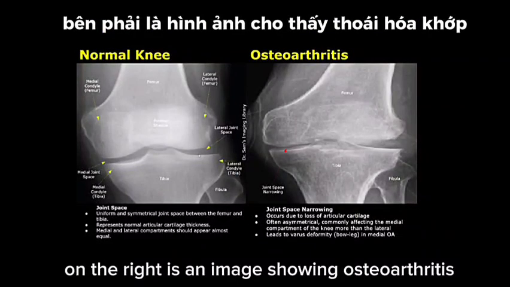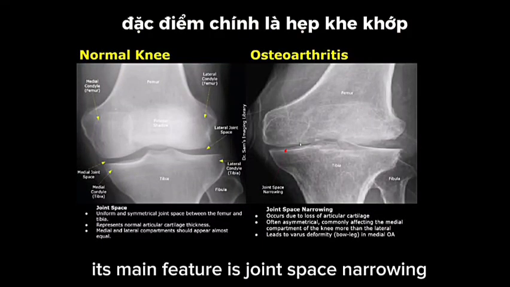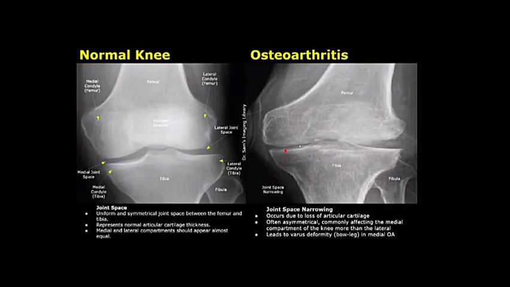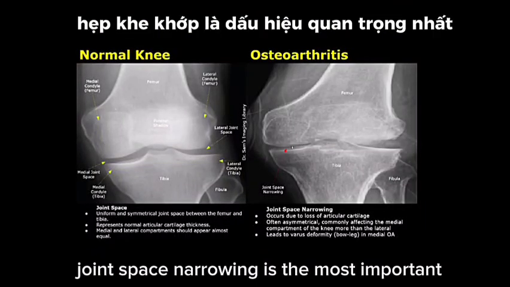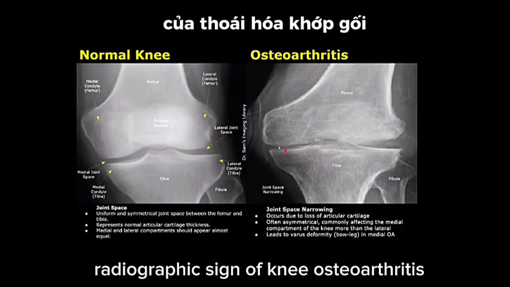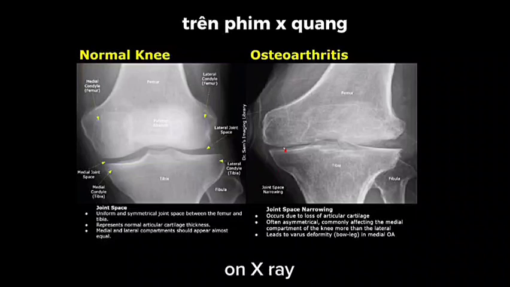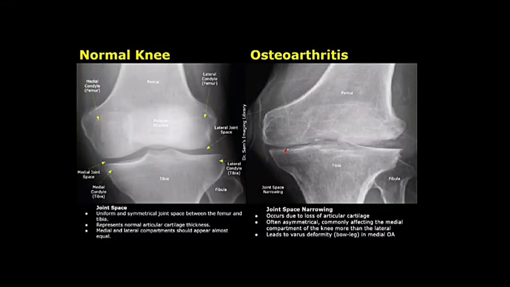On the right is an image showing osteoarthritis. Its main feature is joint space narrowing. Joint space narrowing is the most important radiographic sign of knee osteoarthritis on X-ray.